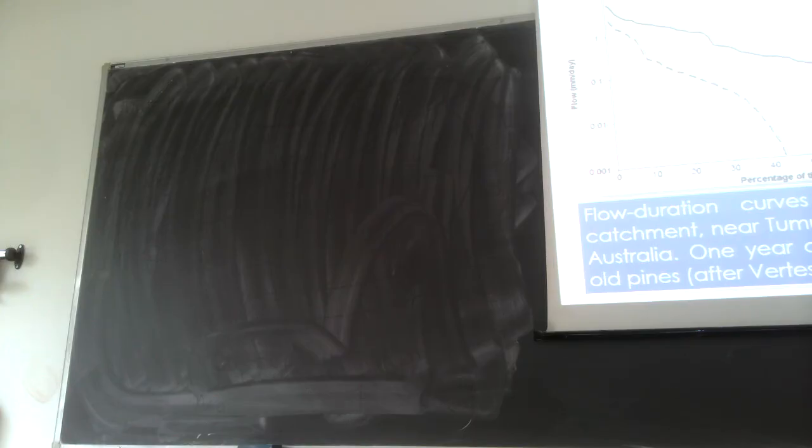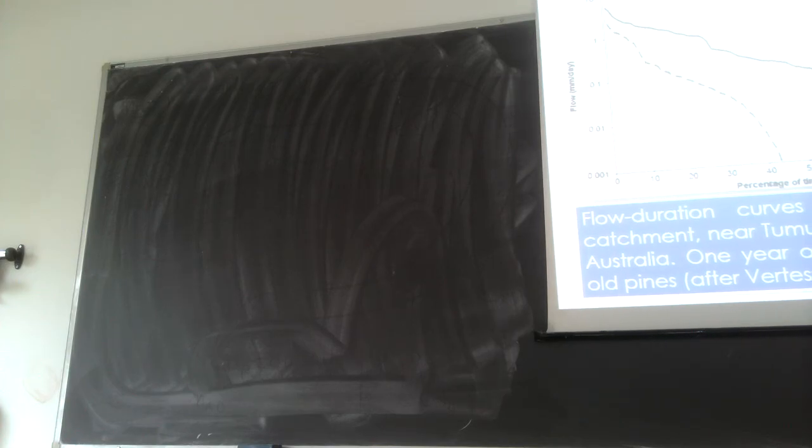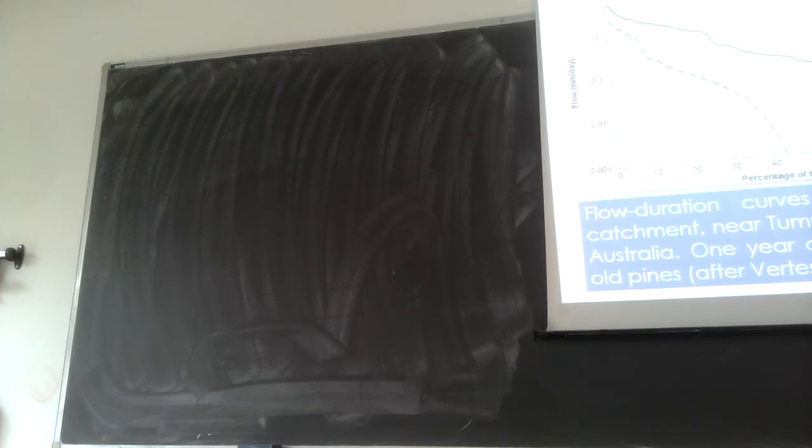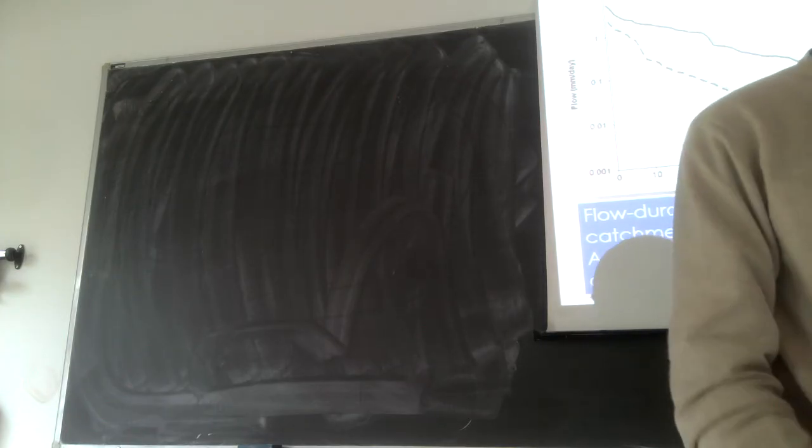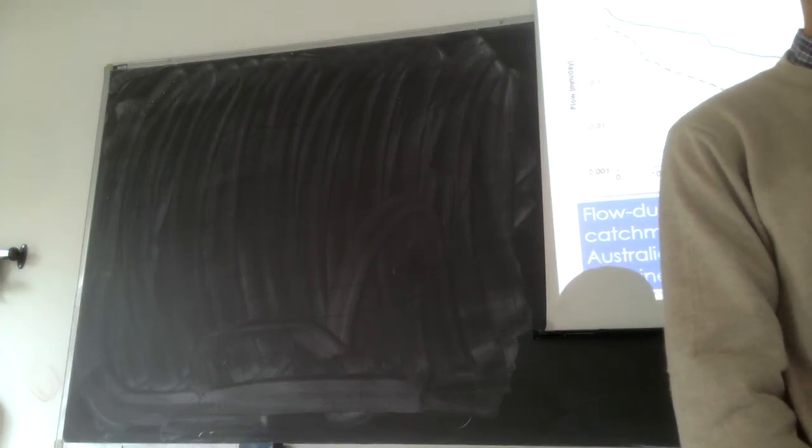Other questions, points? Okay, so representation of change. Representation of change induced by the presence of humans, anthropogenic change. Okay? Here you have a comparison for the same catchment, same river cross-section, of the natural stream flow regime, blue, and some altered stream flow regime, due, for example, to the construction of a reservoir for hydropower potential.